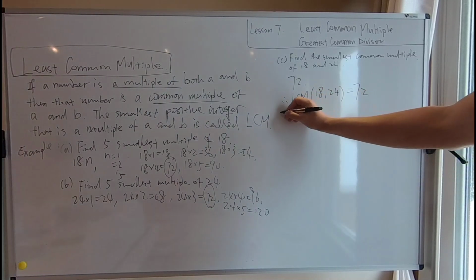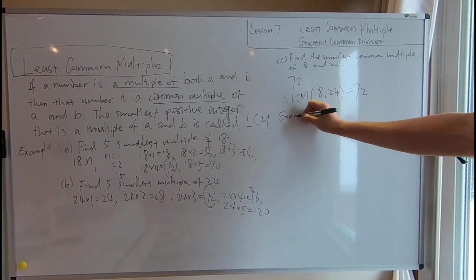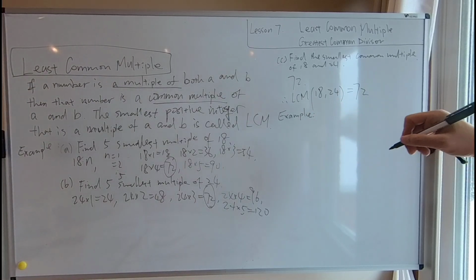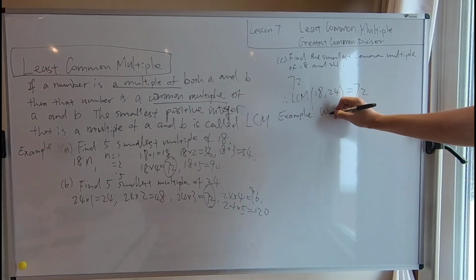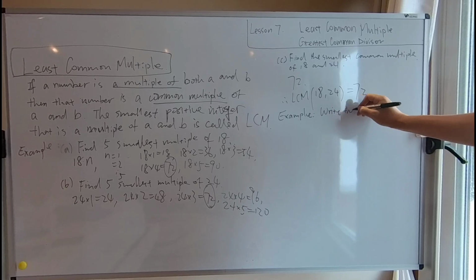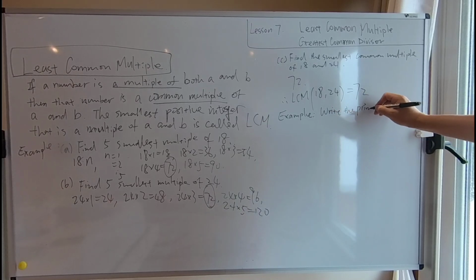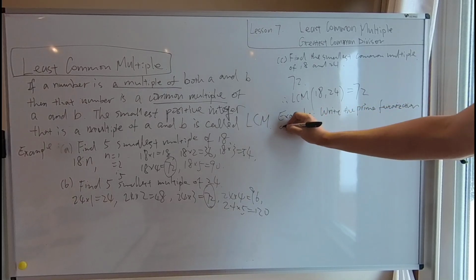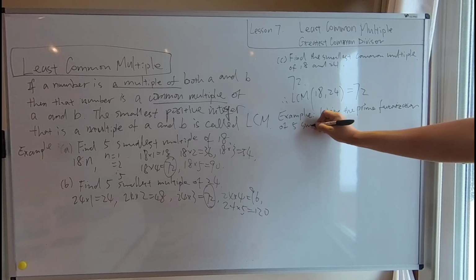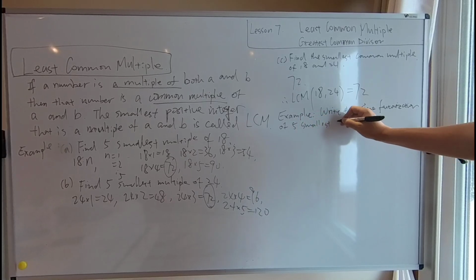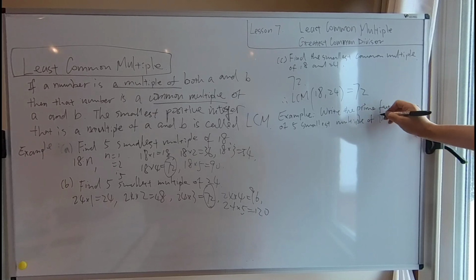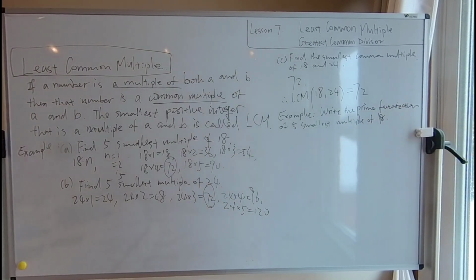Okay, so then the next example, if we still use the number 18, let's write the prime factorization of the 5 smallest multiples of 18.